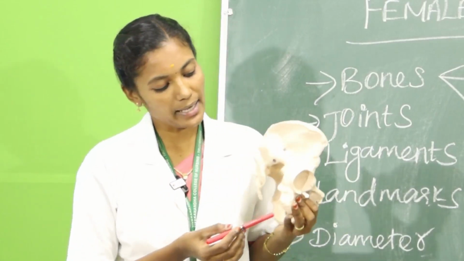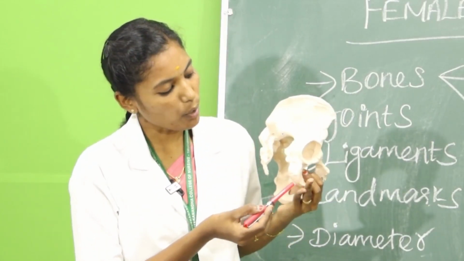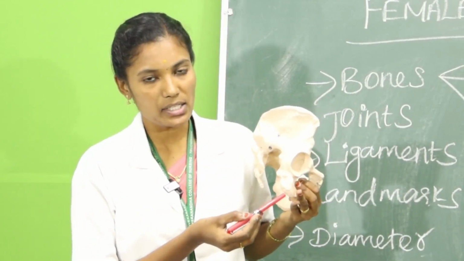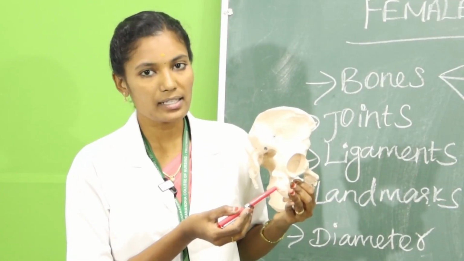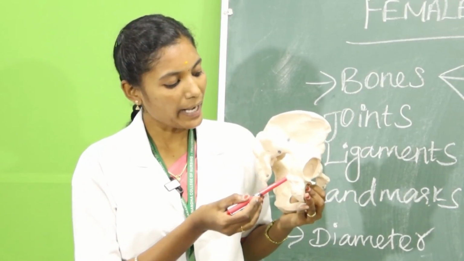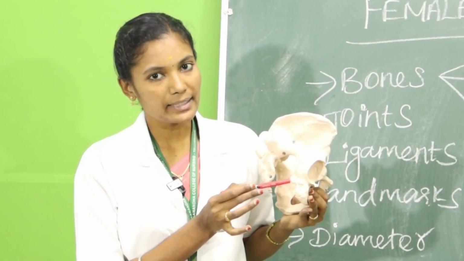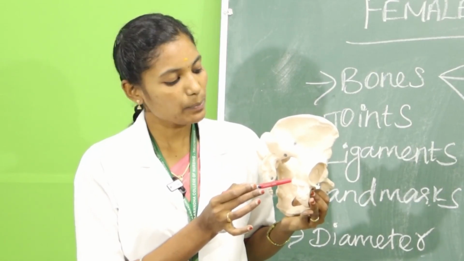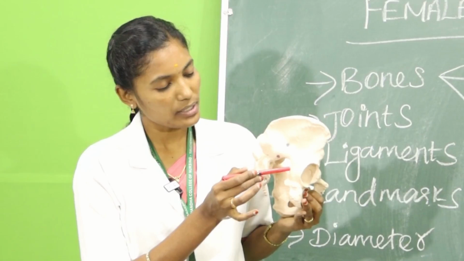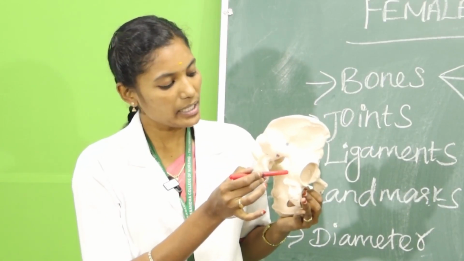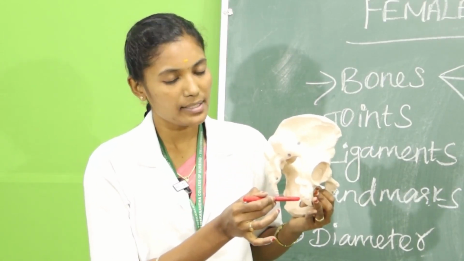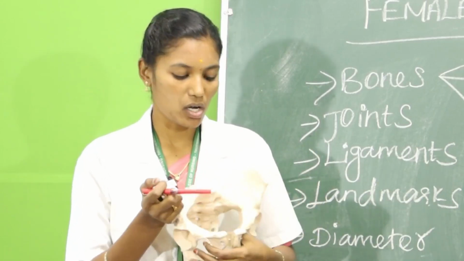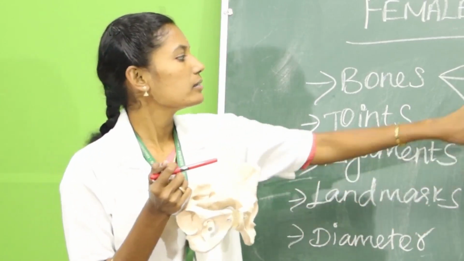It also has a large prominence, the ischial tuberosity, which helps for sitting. Just behind it is the ischial spine. Above the ischial spine is the greater sciatic notch and just below it is the lesser sciatic notch.